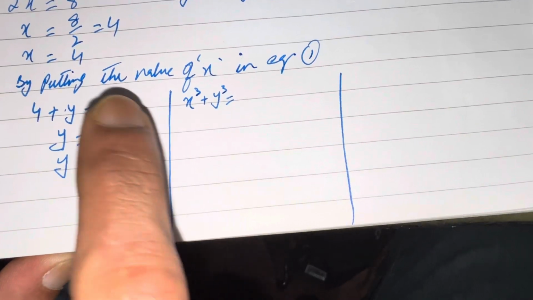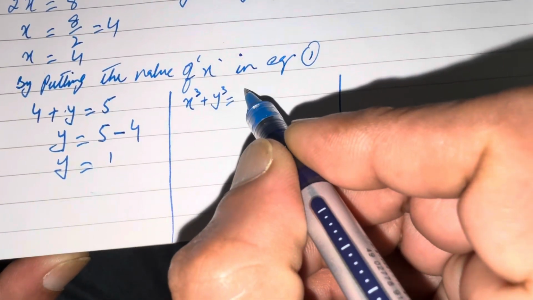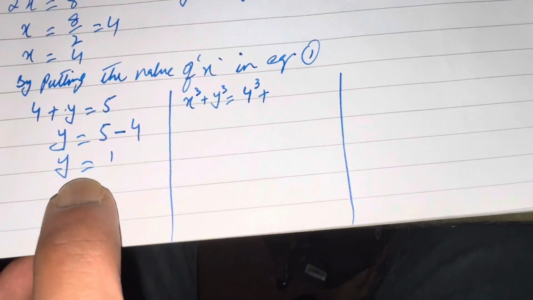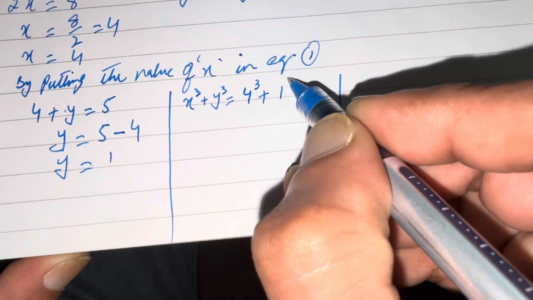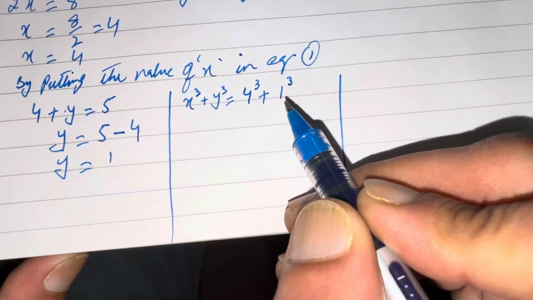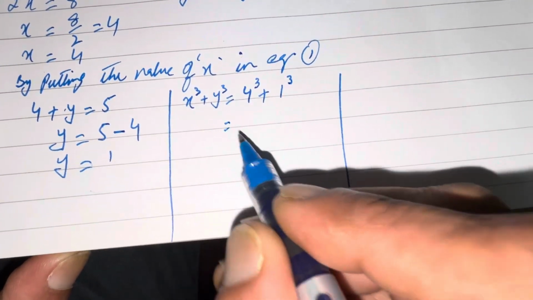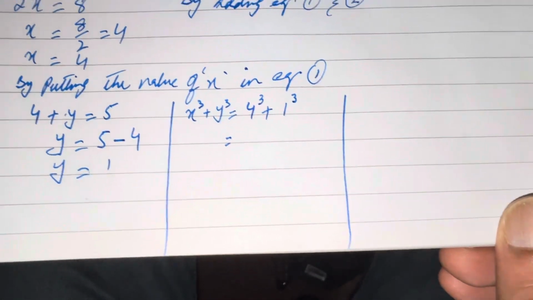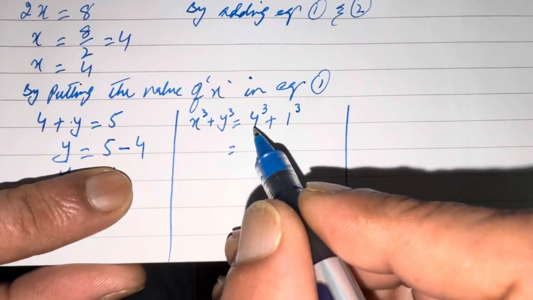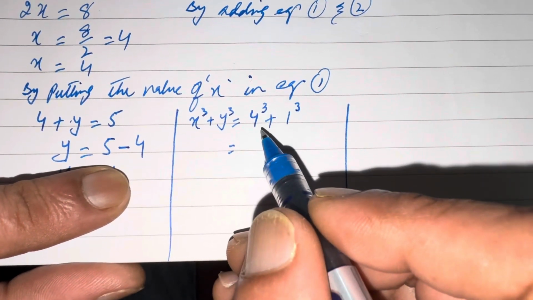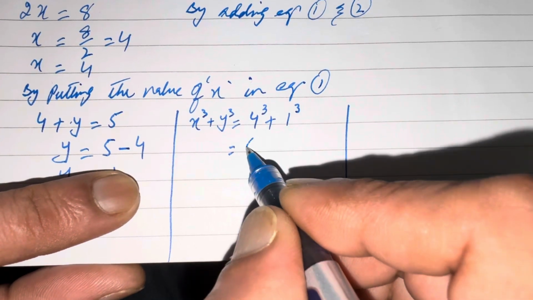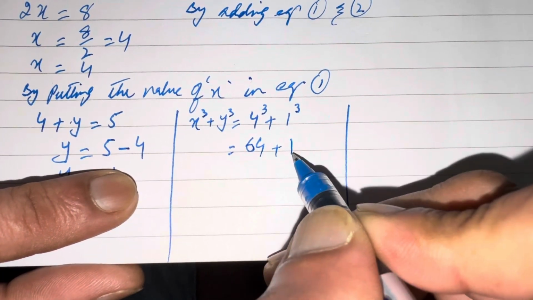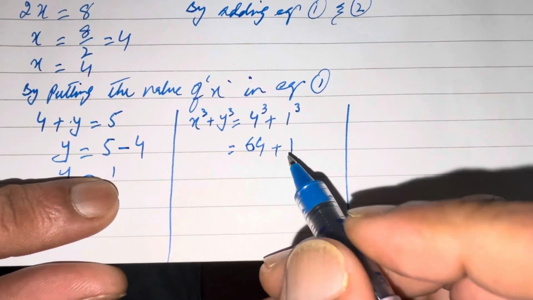x we have already found is equal to 4, so that will be 4 cube plus, the value of y is equal to 1, so we will write 1 raised to power 3 in place of y cube. 4 raised to power 3 means 4 multiplied 3 times: 4 multiplied by 4 multiplied by 4 is equal to, 4 fours are 16 and 16 fours are 64, plus 1 raised to power 3 is always 1, meaning 1 multiplied by 1 multiplied by 1 is equal to 1.